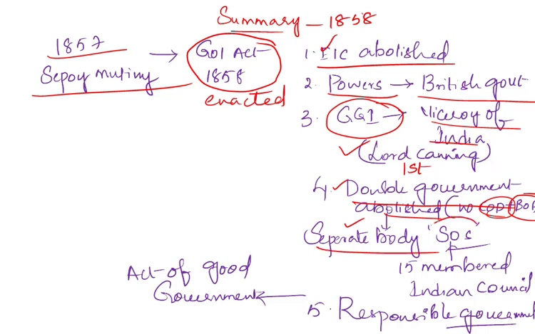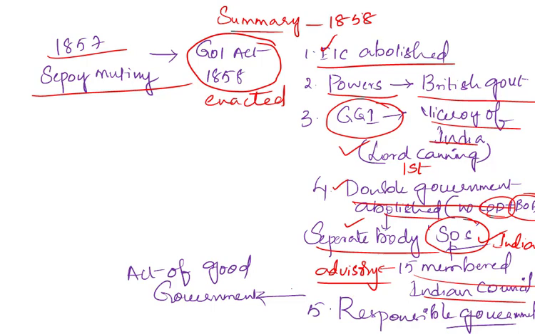Instead of it, a new office was created called Secretary of the State, and he will be assisted by the 15-membered council. This council is just an advisory council, and the administrative affairs of the Court of Directors will be vested in the hands of the Secretary of the State. The Secretary of the State is a body which has complete authority and control over Indian administration.